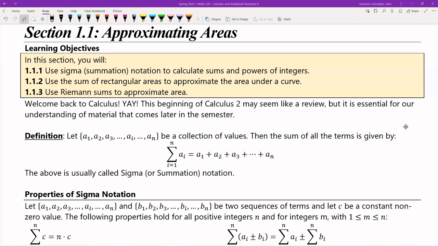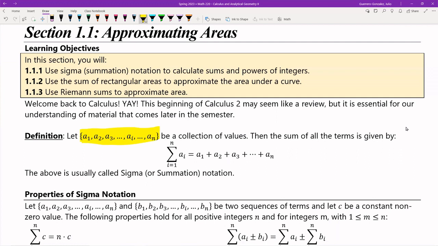The first thing I want to define, and this is one of the new things I need to interject, is going to be popping up over and over again over the course of the semester: this idea of sigma notation. Suppose we had a sequence of numbers, a collection of numbers.